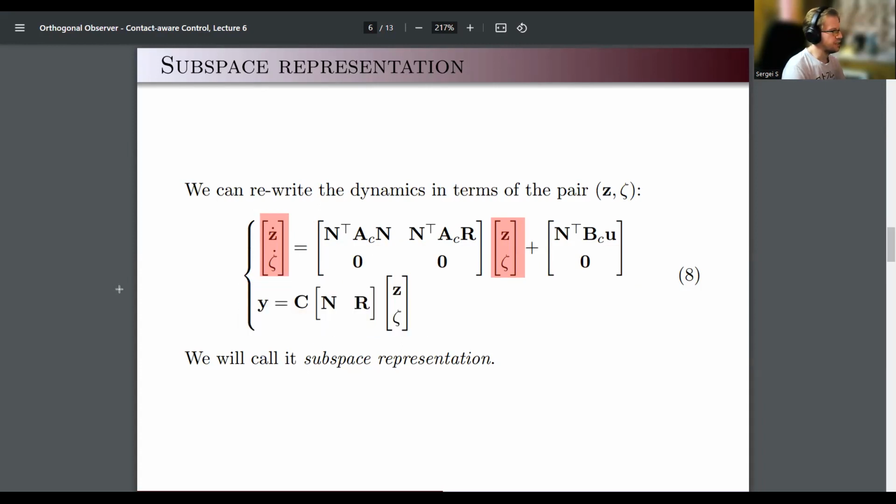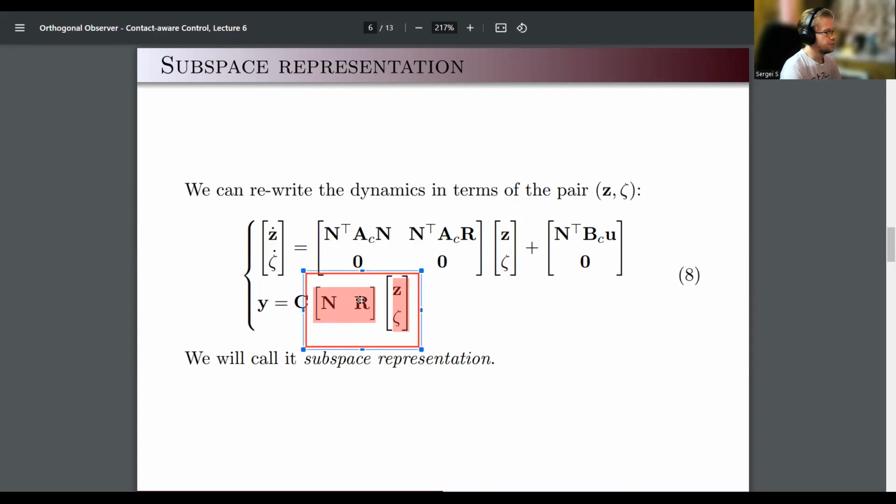The observation looks like this now. Please notice this pattern. There are a few patterns here. First, there's a block A N and A R, and those blocks we already saw before. Then there is this block N R times z, zeta, which would appear every time we do observations, because essentially what we did here is just replace x by this whole thing.